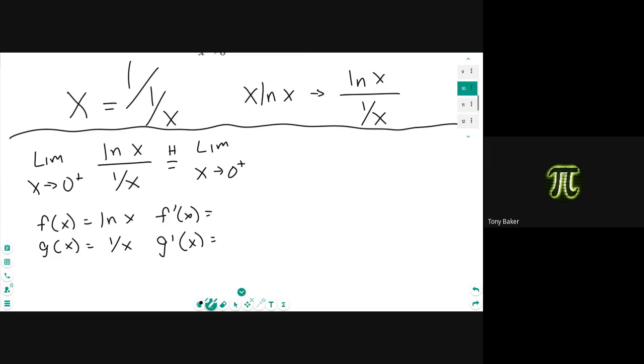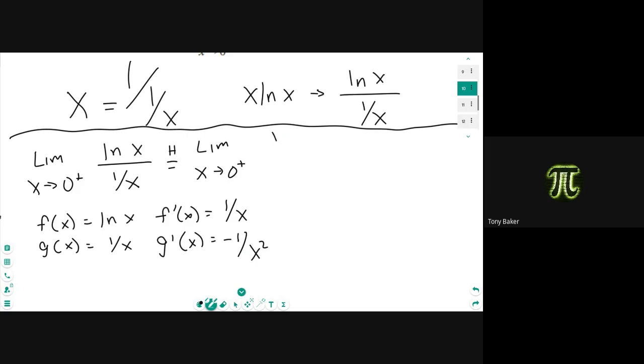All right, what's the derivative of ln of x? 1 over x. What's the derivative of 1 over x? Negative 1 over x squared. Just bring down the negative 1, subtract the negative 2, goes back down to the bottom.